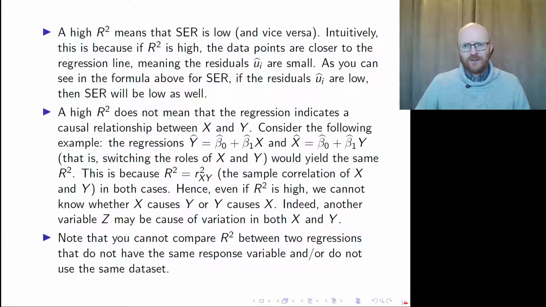You only find a causal relationship if in theory you can say that x causes y. So this is why you have to not only look at the data, you have to know what kind of data generating process you are dealing with. You have to know your business, okay?